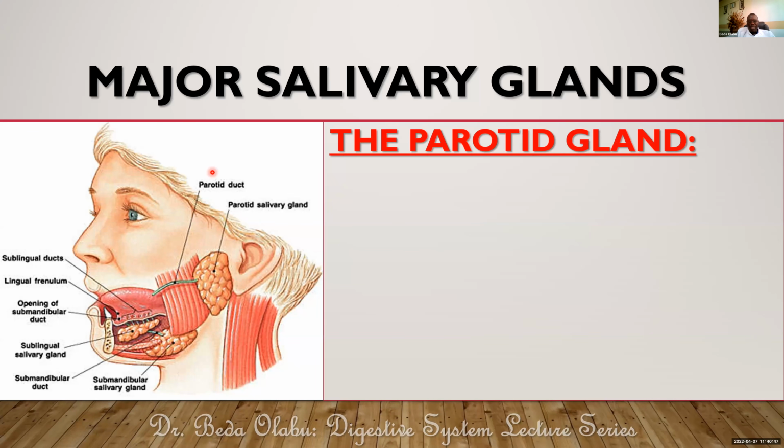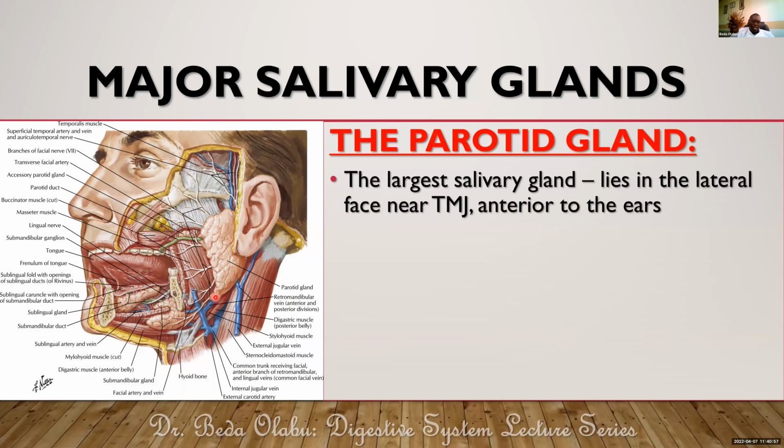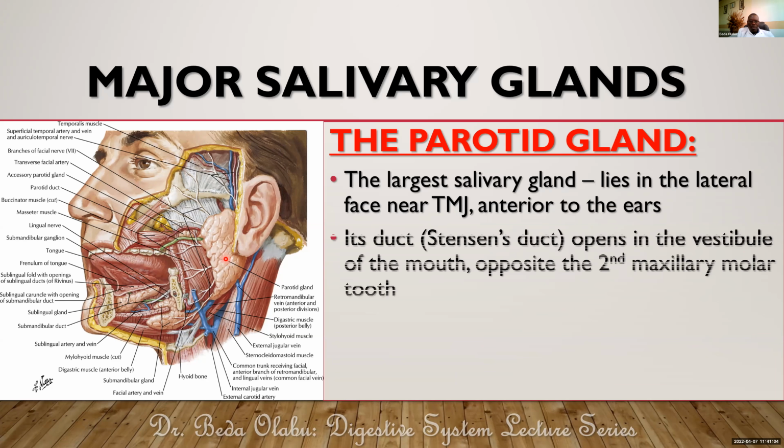Let's start with the parotid gland. The parotid gland is the largest salivary gland. It lies on the lateral aspect of the face, just near the temporomandibular joint, anterior to your ears, as you can see in that particular image. The duct of the parotid gland is called the parotid duct or Stenson's duct.